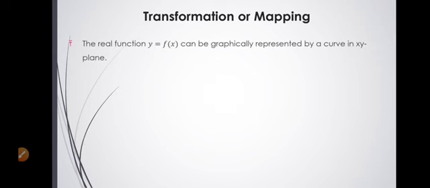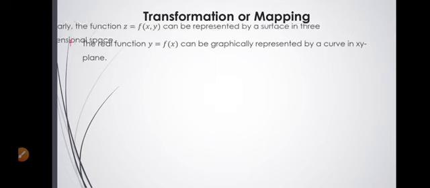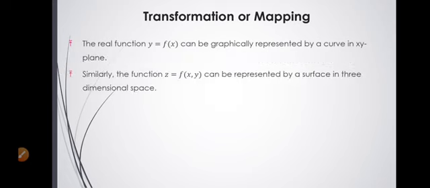So we know that using the graphical method we can find the solution of two simultaneous linear equations in two unknowns. Similarly, the function z equal to f of x, y can be represented by a surface in three-dimensional space.